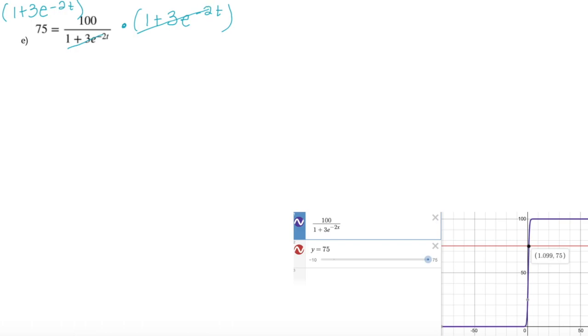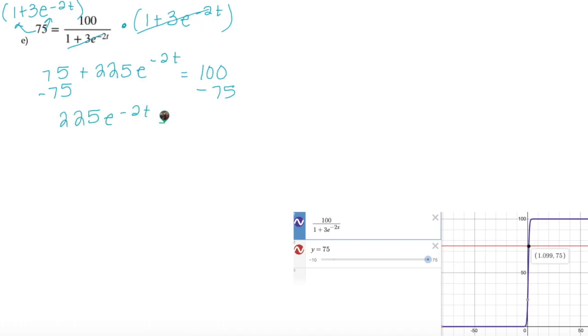I'll need to distribute 75 to eliminate our parentheses, so that 75 plus 225e to the negative 2t is equal to 100. I now need to get rid of my 75 from both sides, so I'll subtract 75, leaving us with 225e to the negative 2t equal to 25.